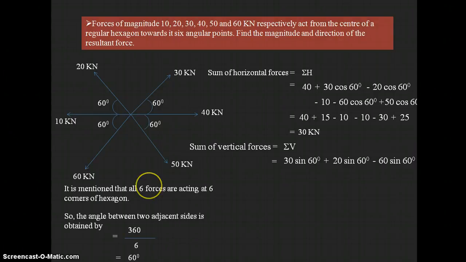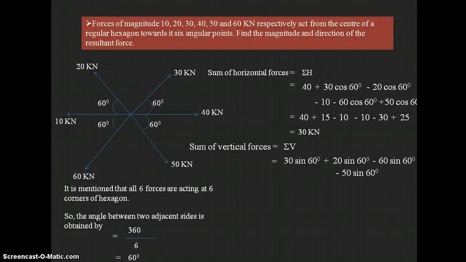Similarly, we need to write the vertical component for 50 kilonewtons, the last force acting on the body. It is also acting in the downward direction, so again we consider a negative sign, that is minus 50 sine 60.